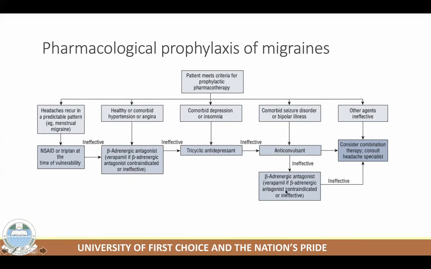If that's ineffective, you can introduce verapamil. Okay. And then if this is ineffective as well, you consider combination therapy. The idea, like I said, is to ensure that you're giving the patient the medicine with the least number of side effects, since the condition itself comes with appreciable debilitation.